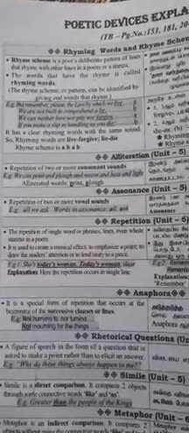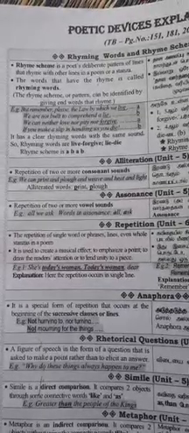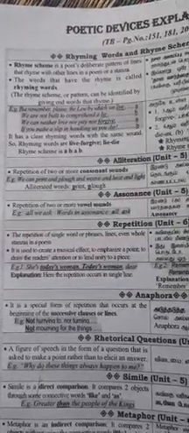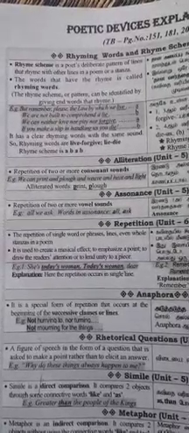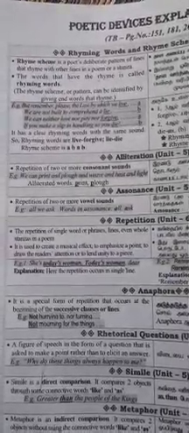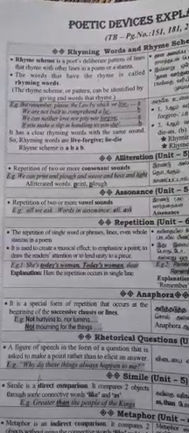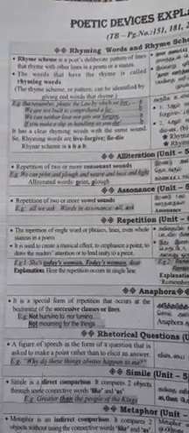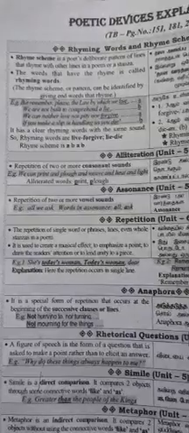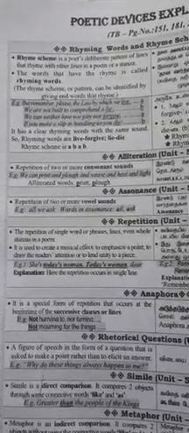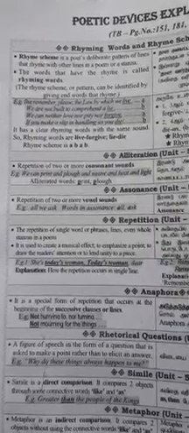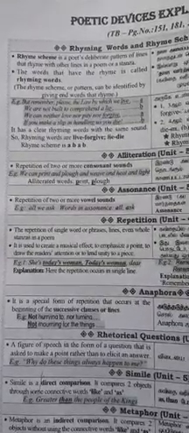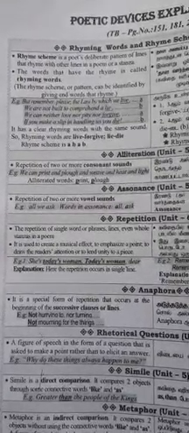Alliteration. First one, alliteration. Alliteration is the repetition of 2 or more consonant sounds. In your regular classes, I'll teach you how many sounds there are in the English language, as well as what the consonants, vowels and diphthongs are. In English we have 26 alphabets, but it has 44 sounds.